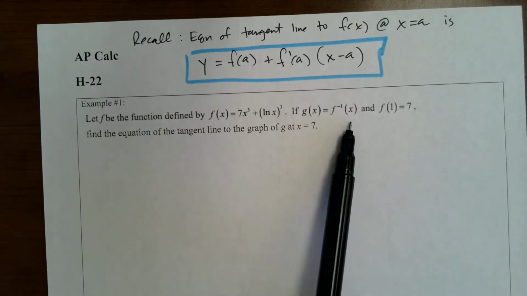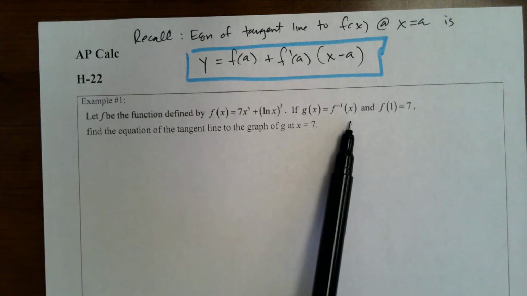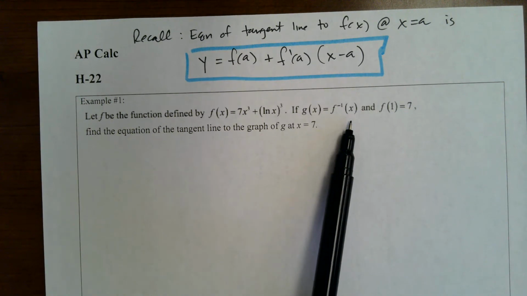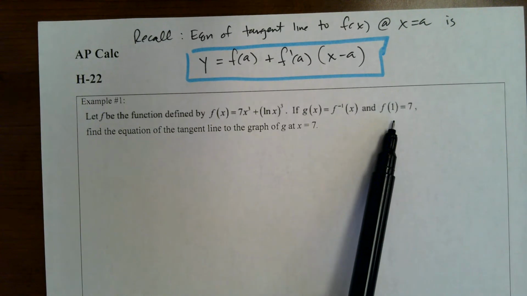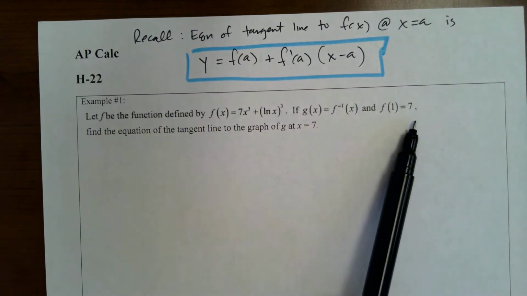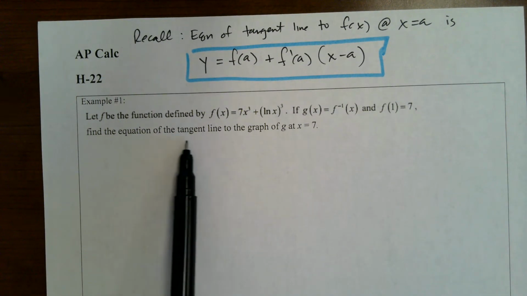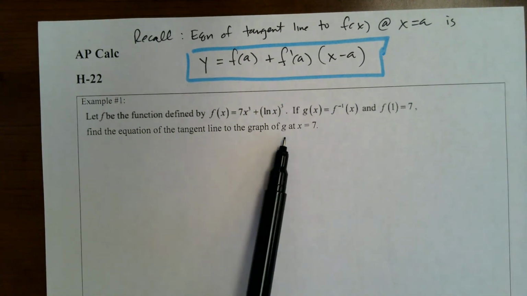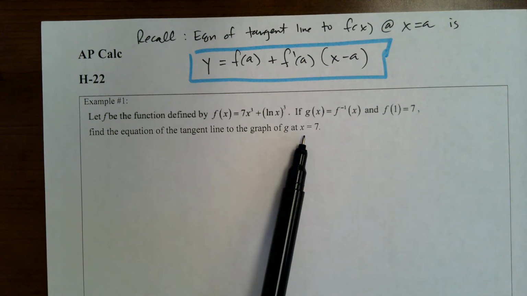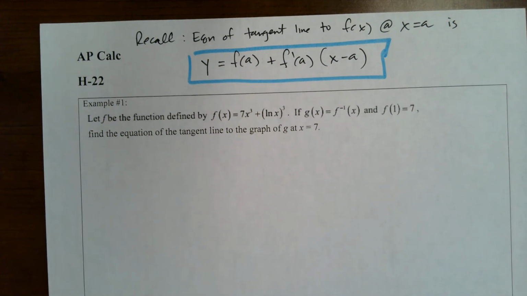If g is equal to f inverse, so they're telling you that f and g are inverses, and f of 1 equals 7, find the equation of the tangent line to the graph of g at x equals 7. All right?